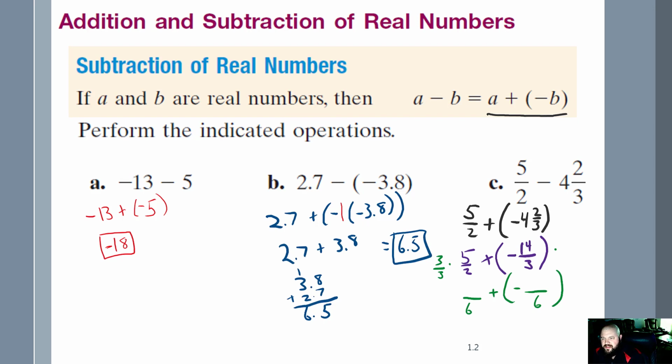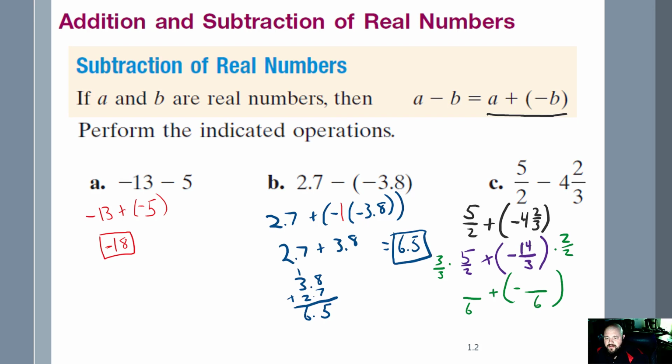And over here, to get a 6, we have to multiply this by 2. And I wouldn't lose you by saying multiply by 1, because if you think about this, 3 over 3 is 1. So if you multiply that by 5 over 2, and then you multiply 1, which is 2 over 2, by negative 14 over 3, it doesn't change the problem to being incorrect. It just allows the fractions to have common denominators to add or subtract them.